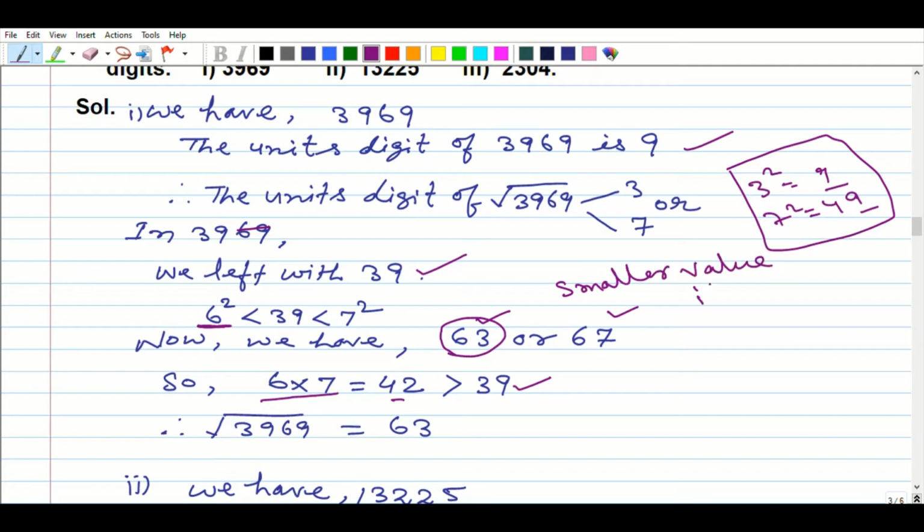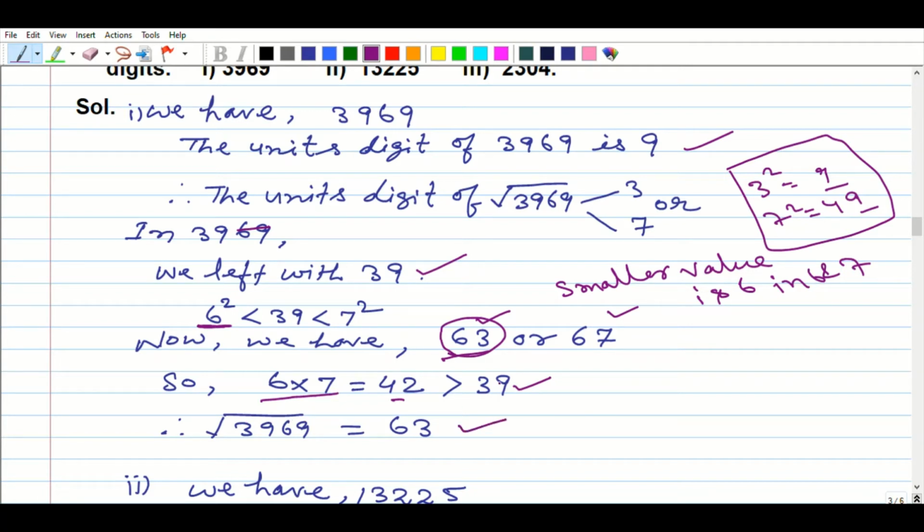So always take the smaller value, that is 6. That's why we have 63 and 67, right? You see here 42 is greater than the left number, so we will take the smaller number, that is 63. So the square root of 3969 equals 63.